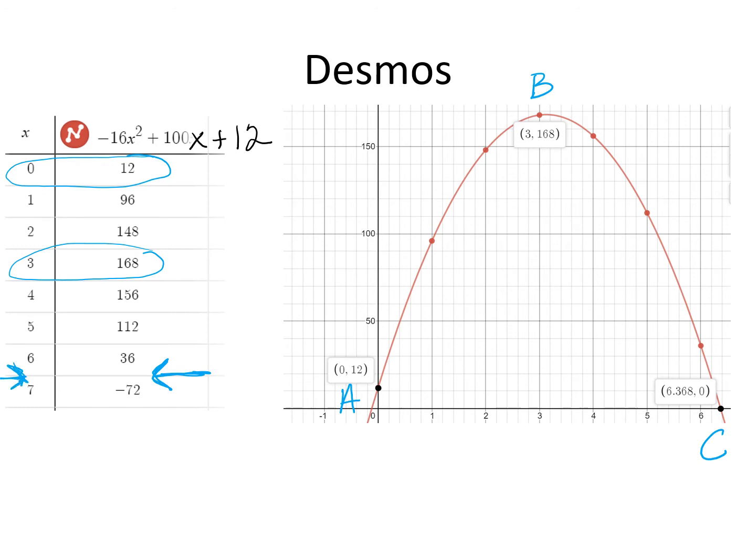And the reason I know that is because if you look, the height goes from a positive 36 to a negative 72. Therefore, it went below ground, which I know doesn't make a whole lot of sense, but therefore it had to be 0 at some point in between. So even though we couldn't see the exact value, we know what two integer values the x-intercept would have to fall between.